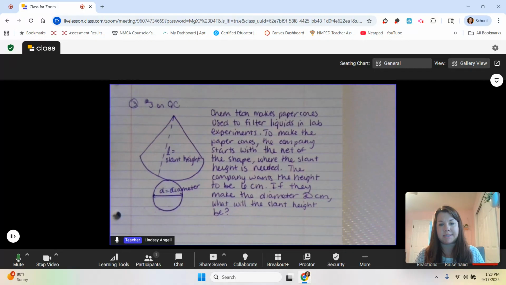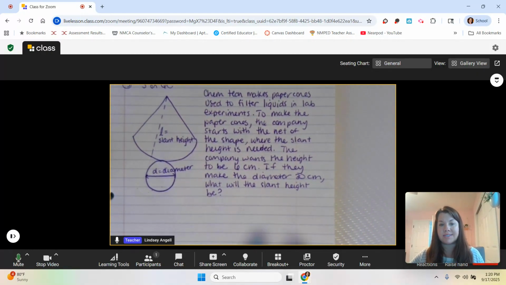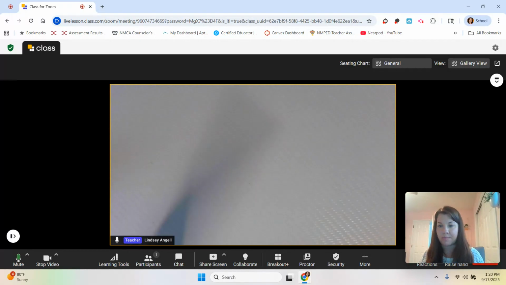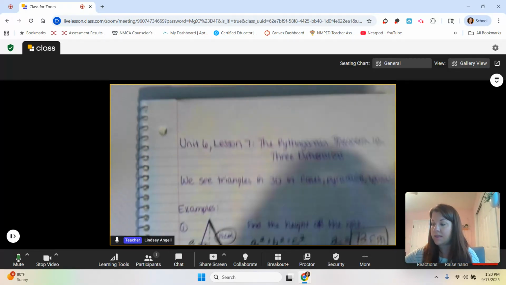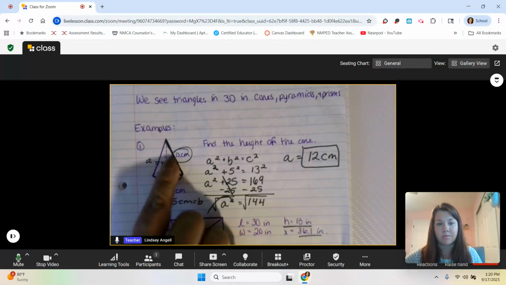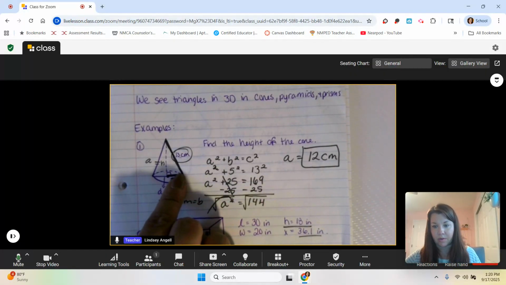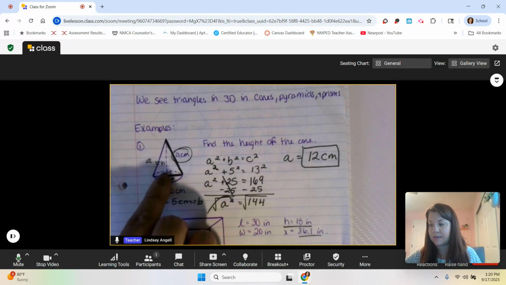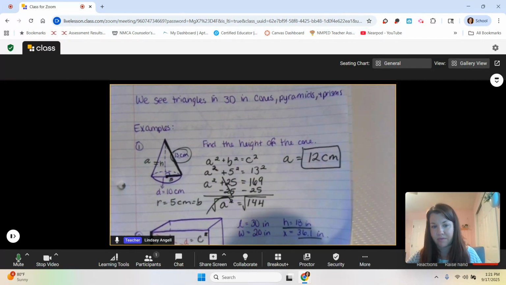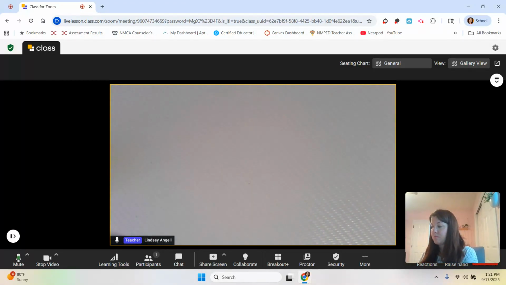The company wants the height to be 6 centimeters. If they make the diameter 30 centimeters, what will the slant height be? So the slant height, if you remember from the previous question, number 1, that we went over, the slant height was my hypotenuse, okay? The height is one of the legs, and the radius of that circle at the bottom is the other leg, okay?